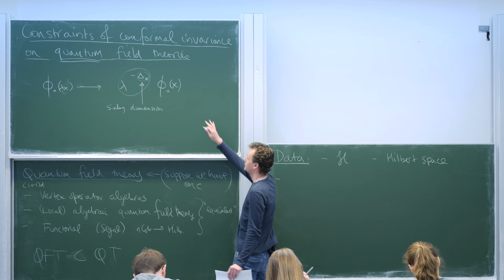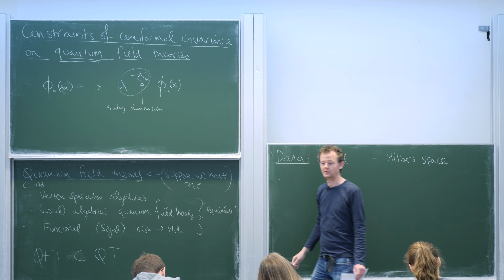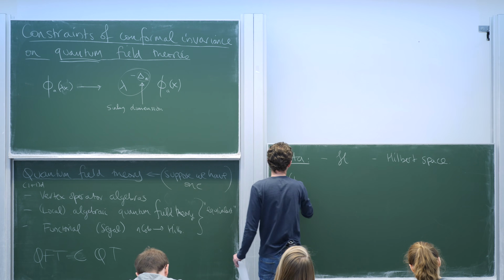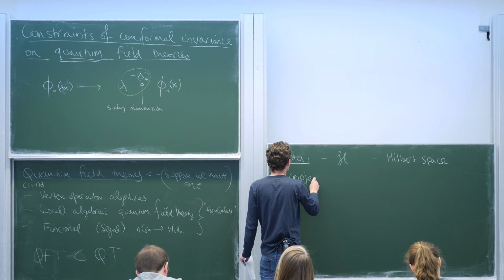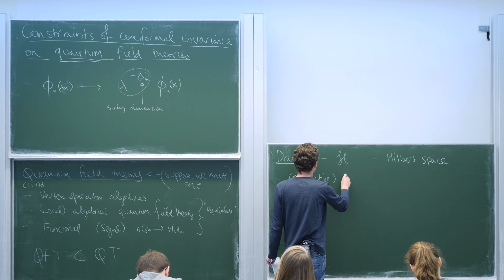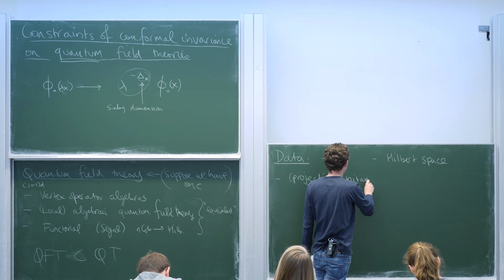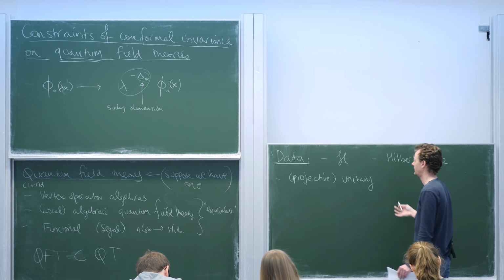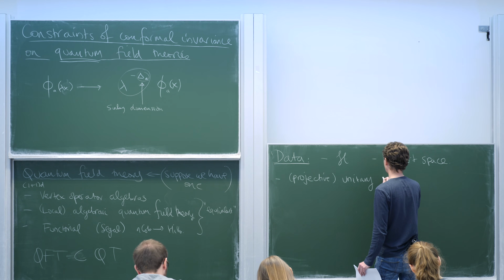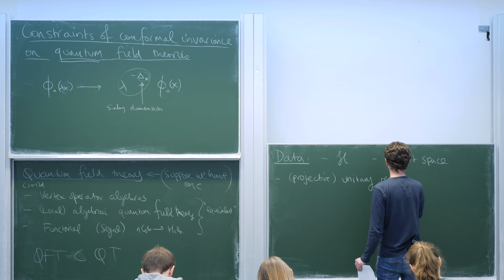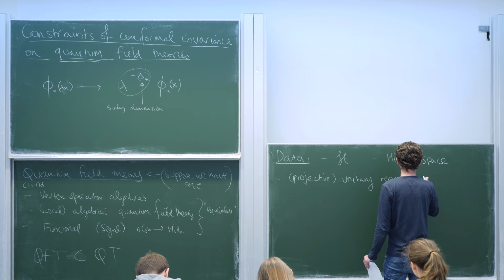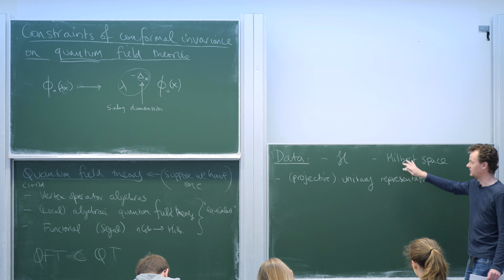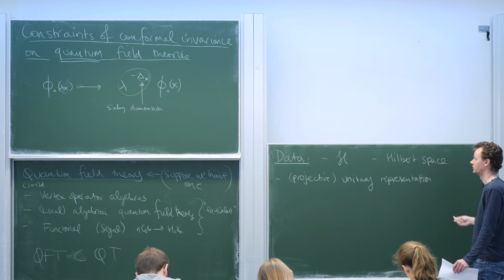Now, we're talking about conformal field theory here. So we have to be able to talk about the symmetries of the conformal group, and the only way such things can be discussed is if you have some projective unitary representation of the conformal group.